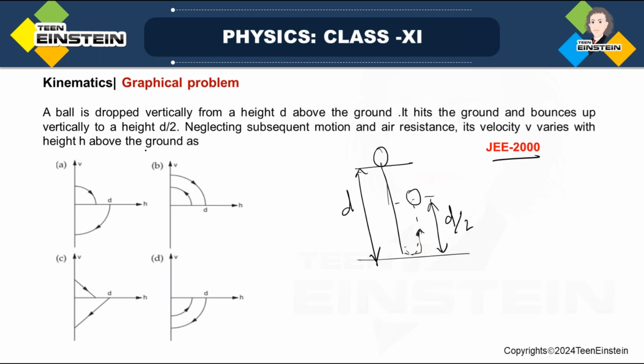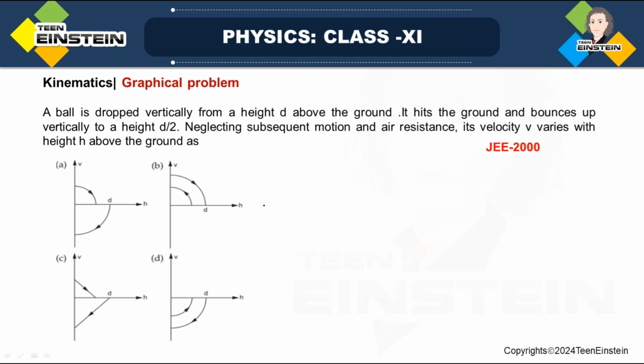Like how the velocity of the body will be varying with the height. So that is the question. Let us try to analyze each option. Let us start with this D.